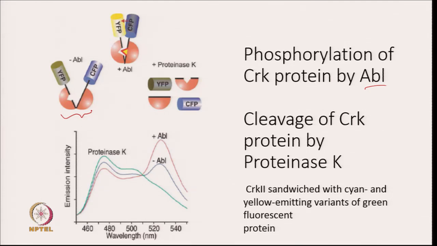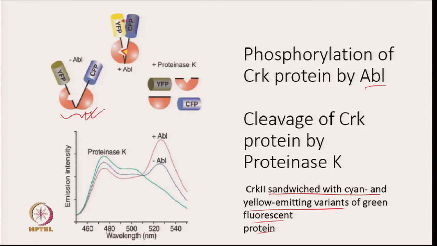The CRK2 protein was sandwiched with cyan and yellow emitting variants of green fluorescent protein. So, at one end you put YFP and at the other you put CFP.